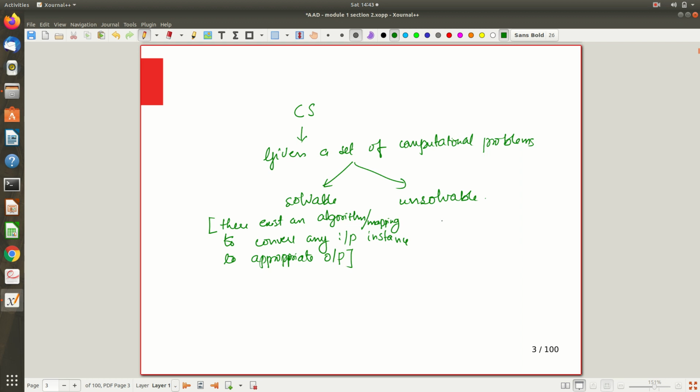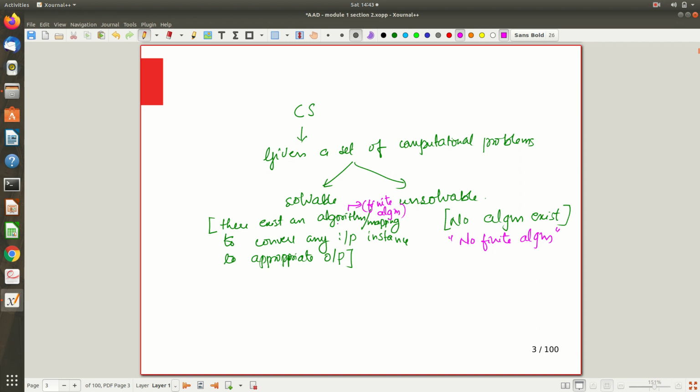Now if no such algorithm exists, unsolvable means no algorithm exists. If you want, you can highlight the term no finite algorithm. But I don't have to highlight this term actually, because by default, an algorithm should be finite. If I am saying that an algorithm exists for a problem, what I mean by default is a finite algorithm. So why did I highlight that term?